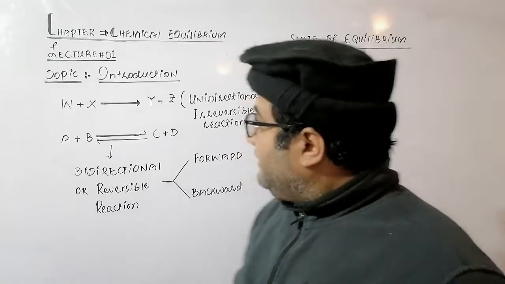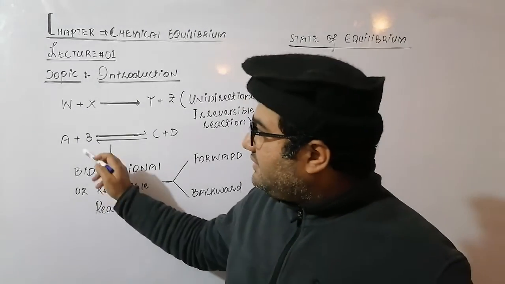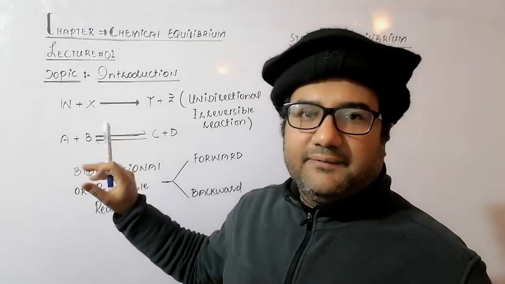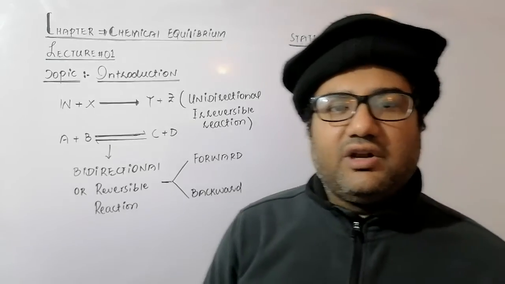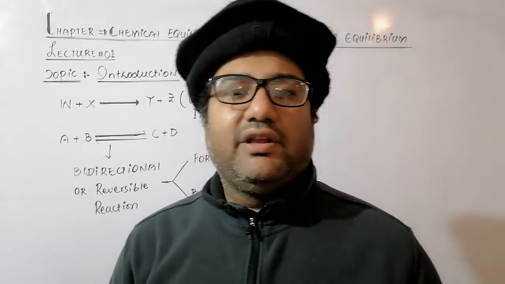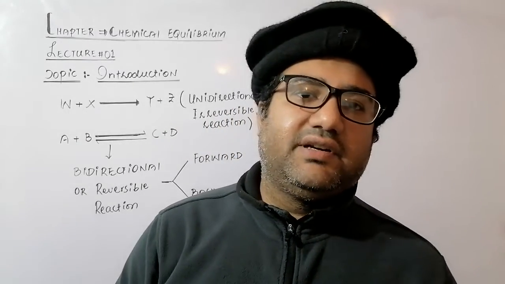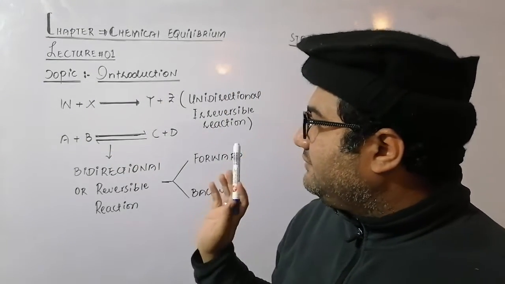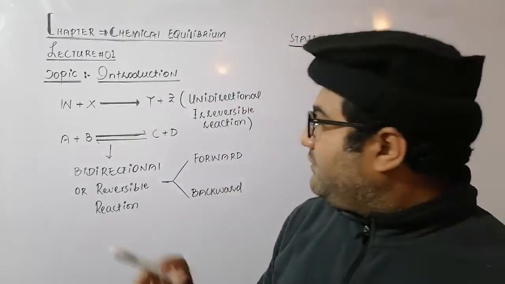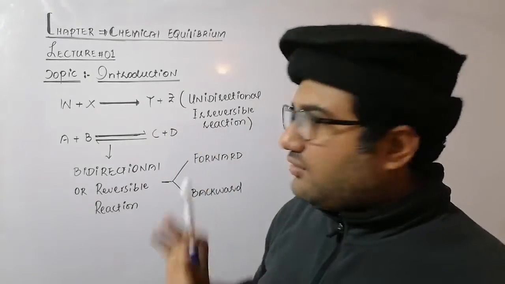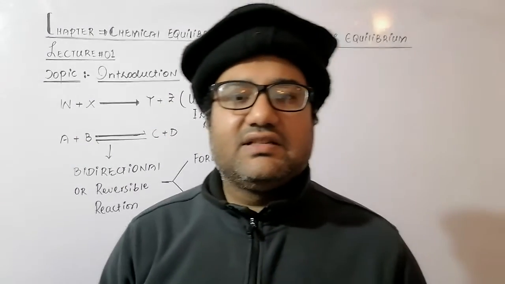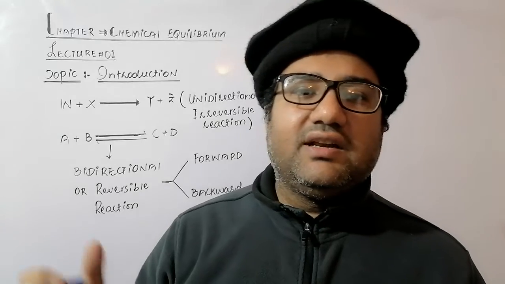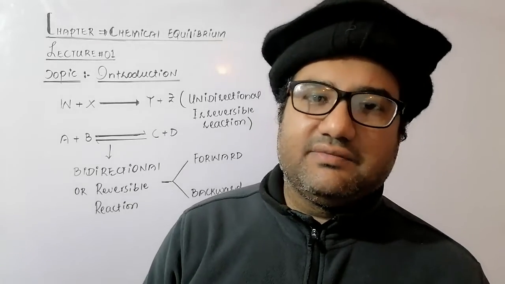At the start, when the reaction starts, the concentration of A and B is very high. So the collisions between the A and B molecules are at the maximum rate, and therefore the speed of the forward reaction is maximum. But at the start, because C and D are not present in the reaction mixture, the reaction in the reverse direction is negligible.